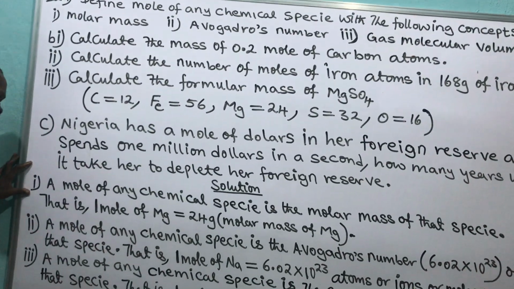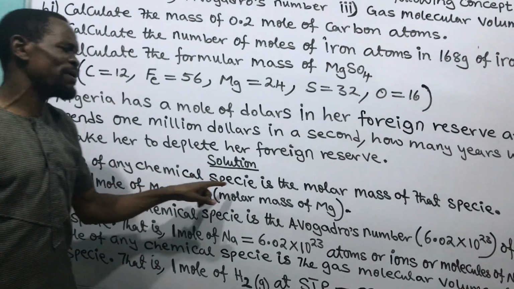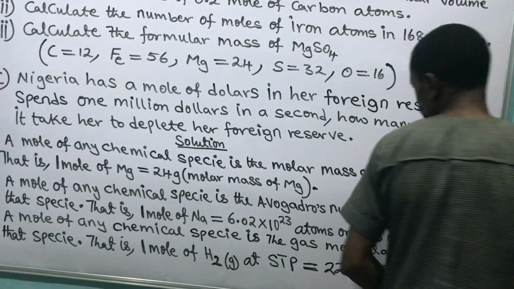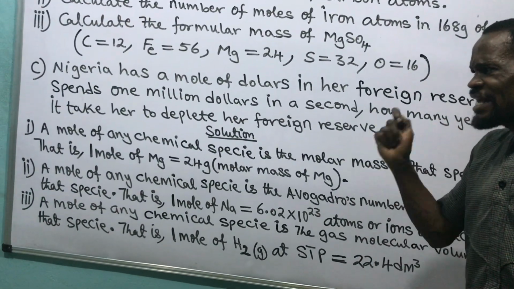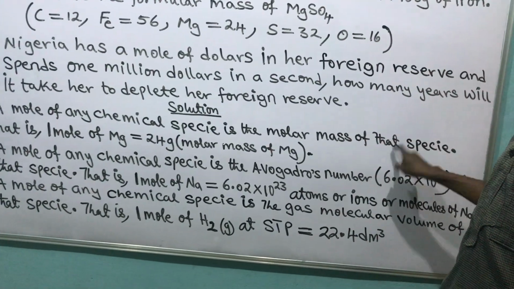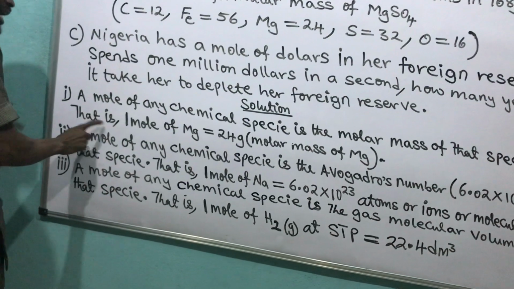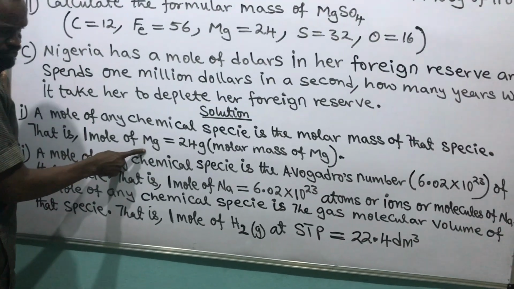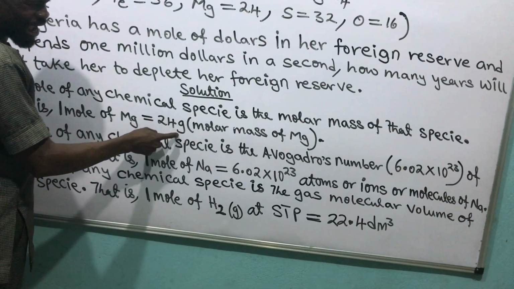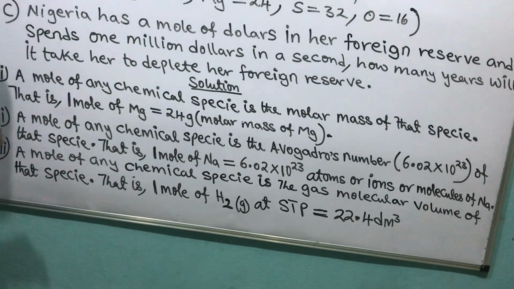Now we'll start from I. A mole of any chemical species is the molar mass of that species. What do we mean by that? That is, 1 mole of Mg is equal to 24 gram, the molar mass of Mg, which is magnesium.